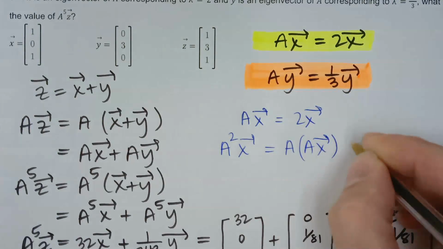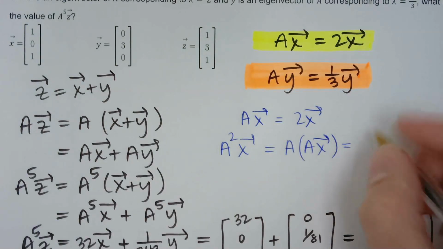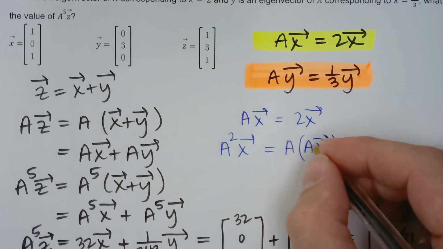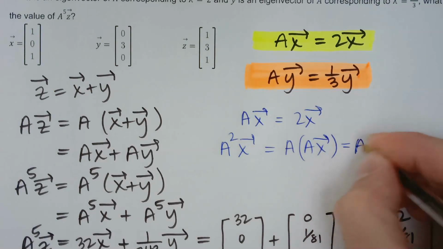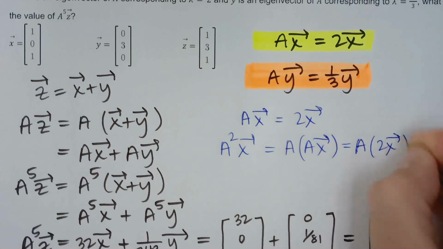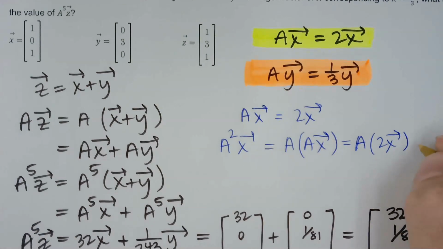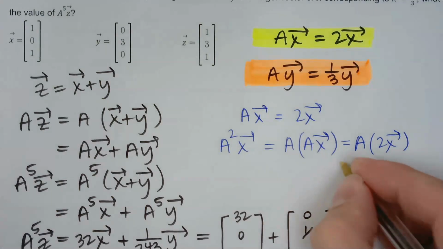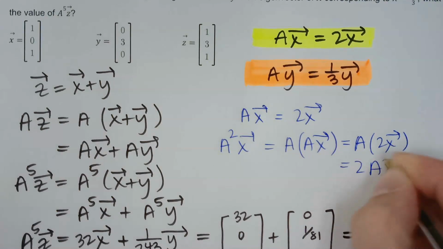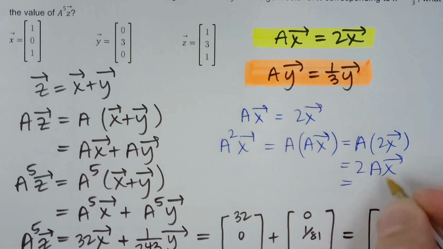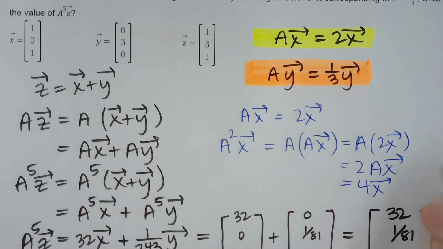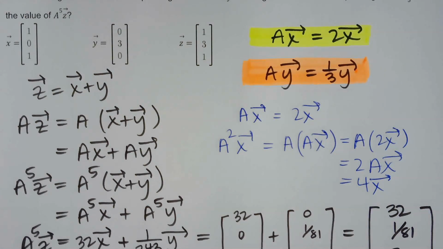I'm really kind of belaboring the point here, but Ax is going to be 2x, and so that's A times 2x. And okay, we can associate with constant multiplication, saying that's 2 times Ax, and that's 2 times 2x, which is going to be 4x. So repeated multiplication on an eigenvector works the way you would expect, with that repeated factor of the eigenvalue.